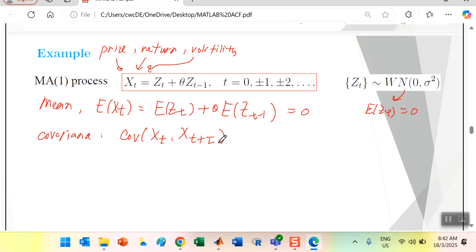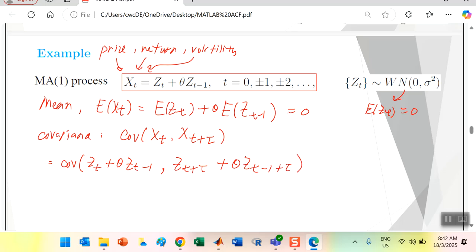Tau is the lag value. So when you extend this, XT is ZT plus theta ZT minus 1. XT plus tau is ZT plus tau plus theta ZT minus 1 plus tau.